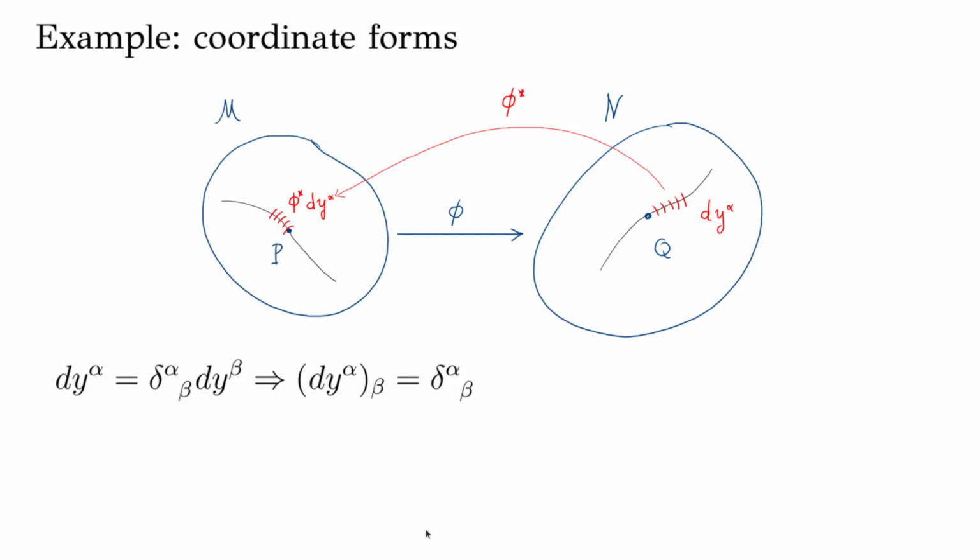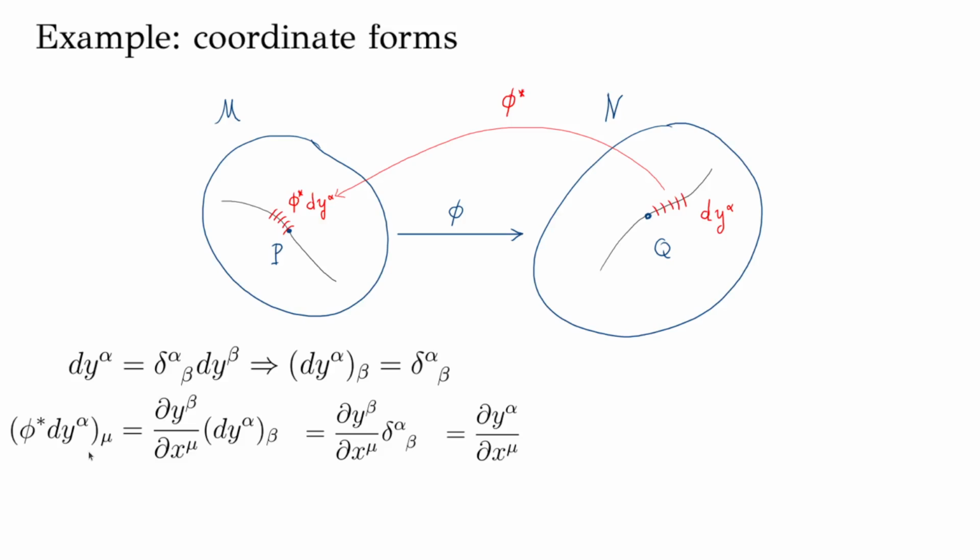Let's also consider one forms that come from coordinates. So in this case, the pullback of those forms is defined. So we need to consider a coordinate system in the neighborhood of Q that defines coordinate one forms, which we denote by dy alpha. And these are pulled back by phi star to the phi star dy alpha. The components of dy alpha are trivially given by the Kronecker delta alpha beta.